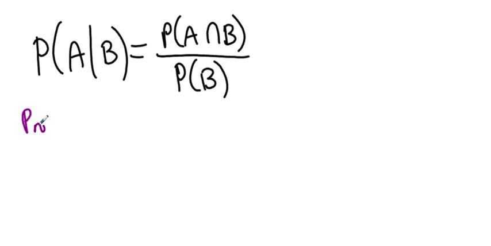In this scenario, we assume that B has happened, and we find the probability that A will happen given that B has happened.